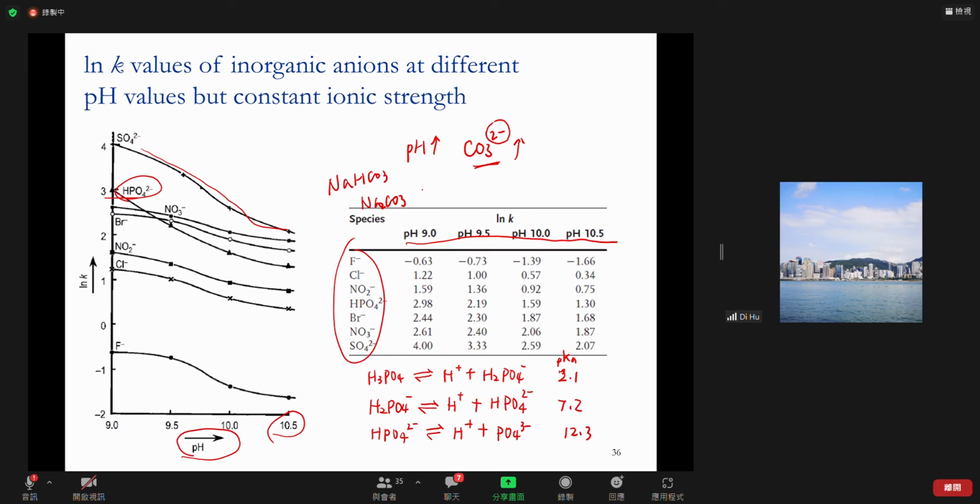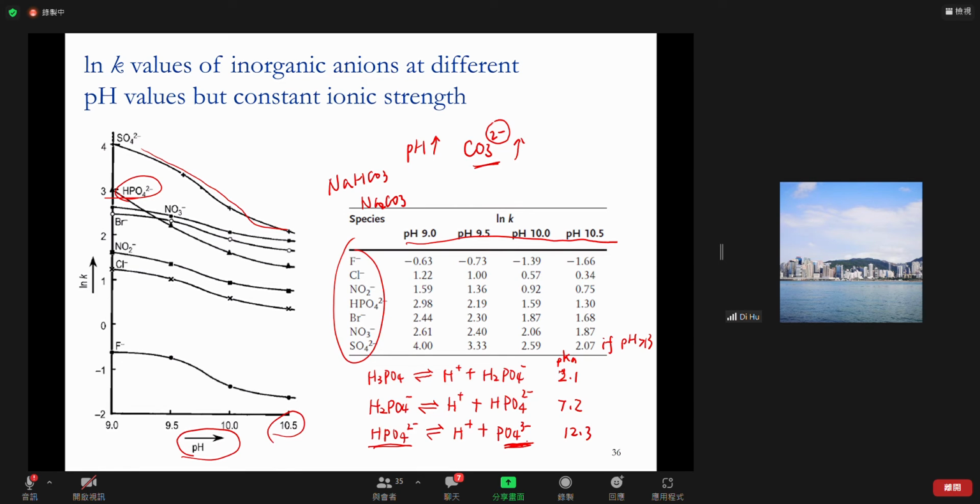Now the pH is around 10 for carbonate and bicarbonate eluent. So what happens when pH equals 10? It's mainly in the form of hydrogen phosphate. But how about if pH goes even larger than 13? Then you lose another proton, and the major species will be the phosphate ion.